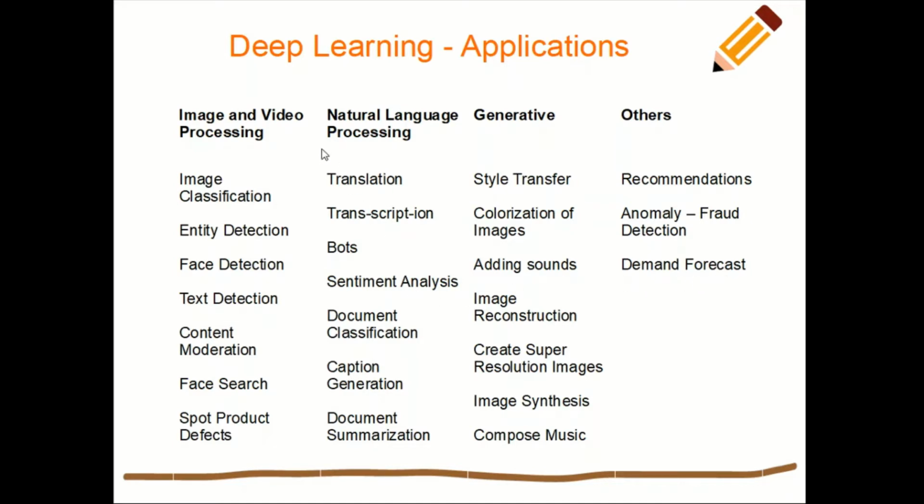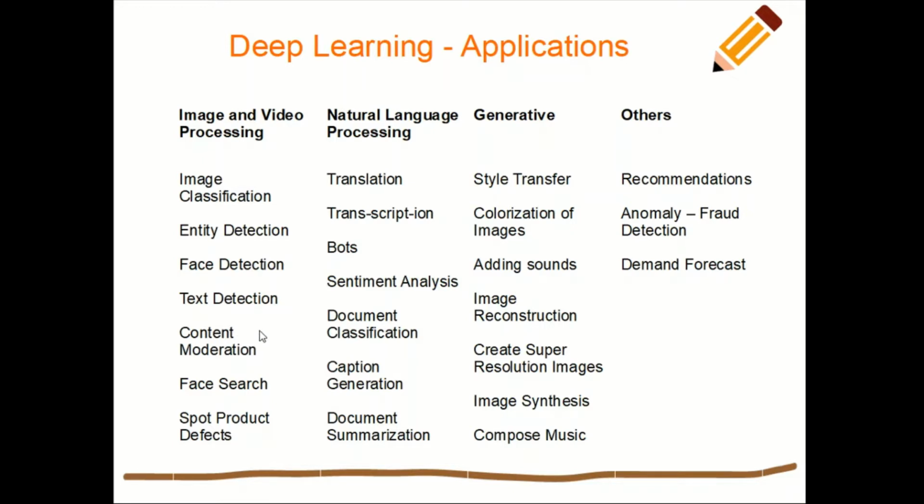Right? In image and video processing, you'll see that there are plenty of applications, right? From image classification to detecting certain entities in the image or the frame of a video, we can detect faces, we can detect text in the images, say for example number plate detection, etc. We can moderate the content also, whether the content is appropriate or not.